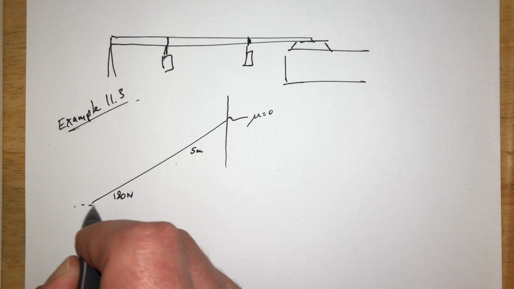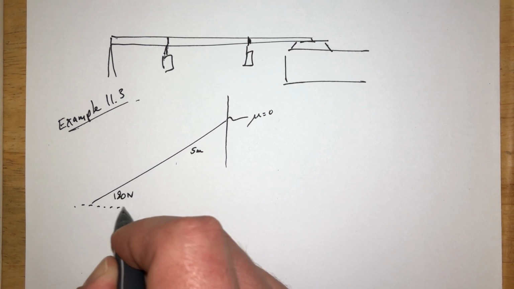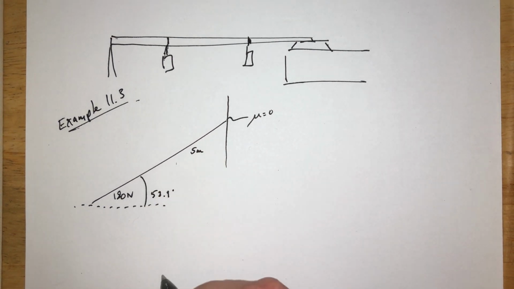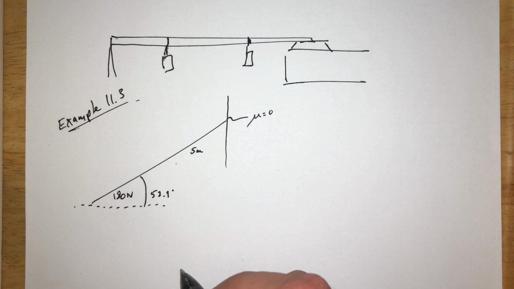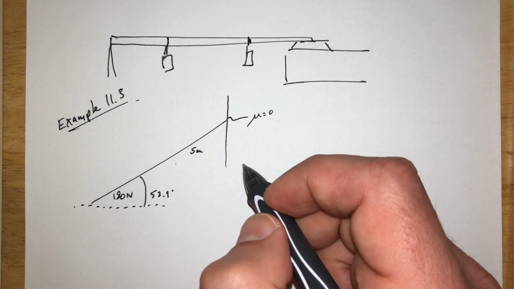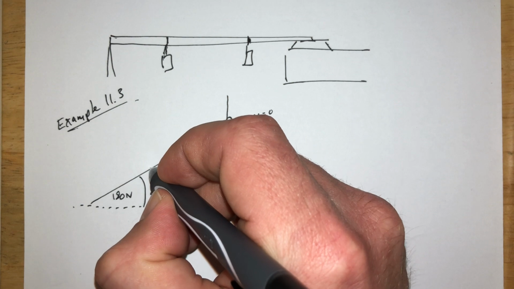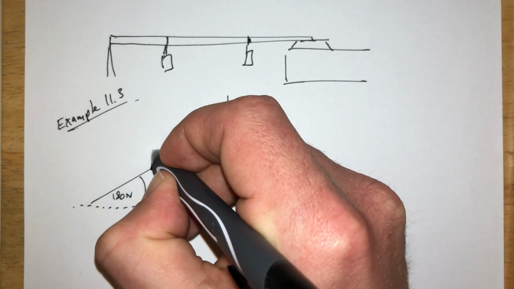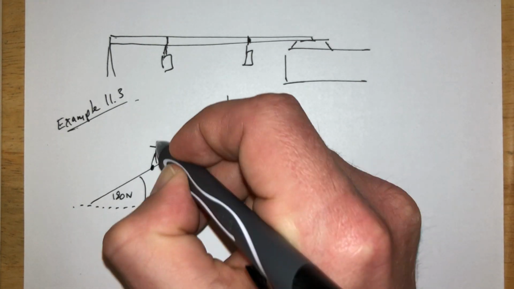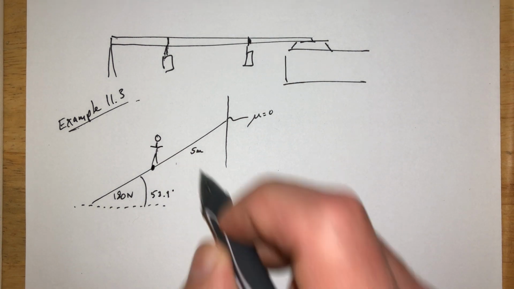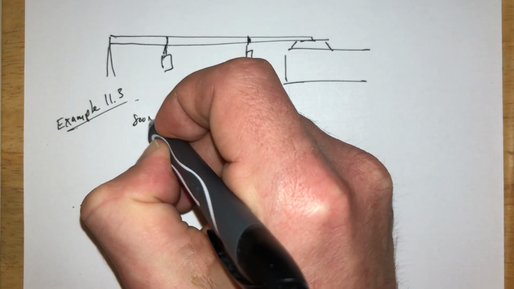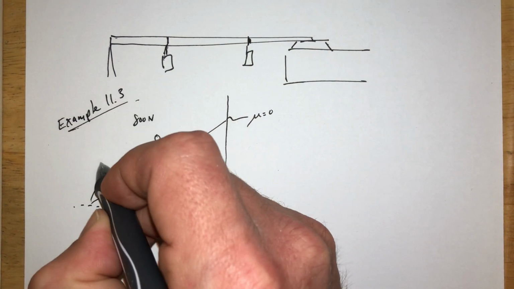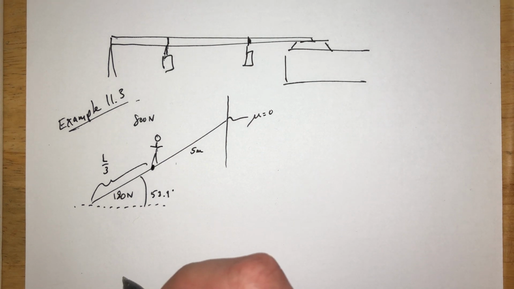The angle that the ladder makes with the horizontal is 53.1 degrees. And our intrepid Sir Lancelot has stopped a third of the way up the ladder. Lancelot weighs 800 newtons, by the way, and he has stopped a third of the way up. I'll just call this L over 3 for now.